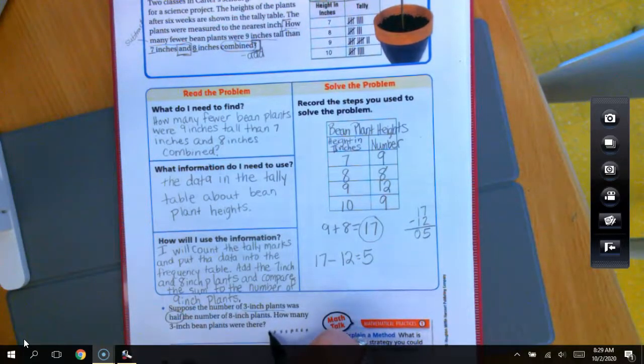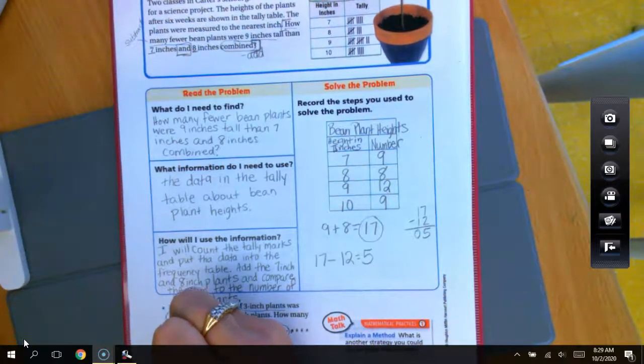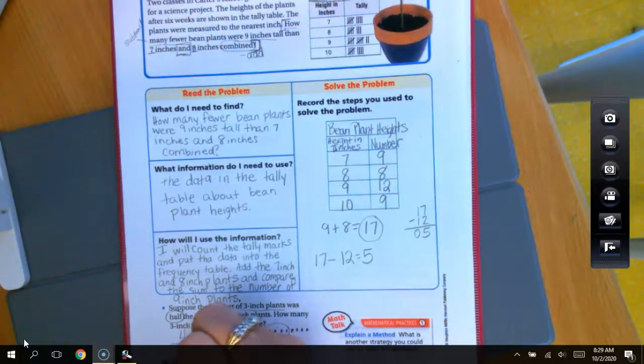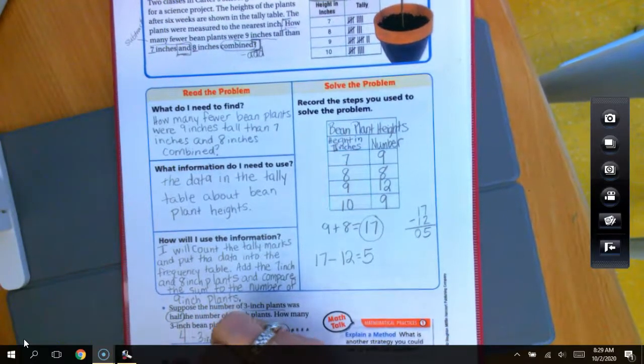So let's look. 1, 1, 2, 2, 3, 3, 4, 4. Half of 8, I have 1, 2, 3, 4 in this group, and I have 1, 2, 3, 4 in this group. So half of 8 is 4. So you will have 4 3-inch bean plants.